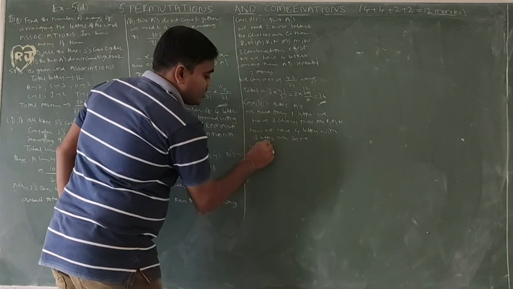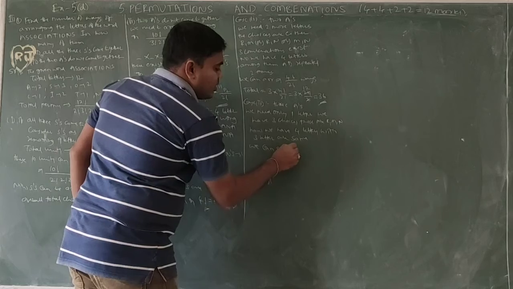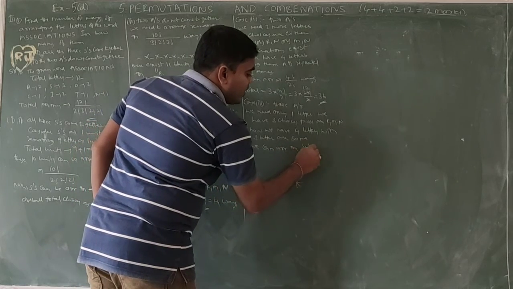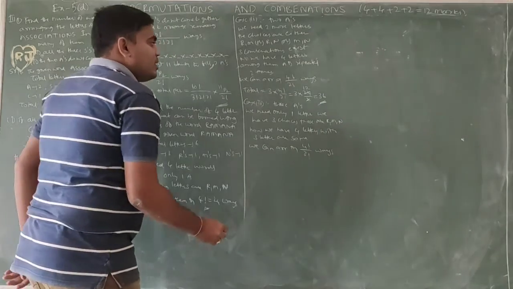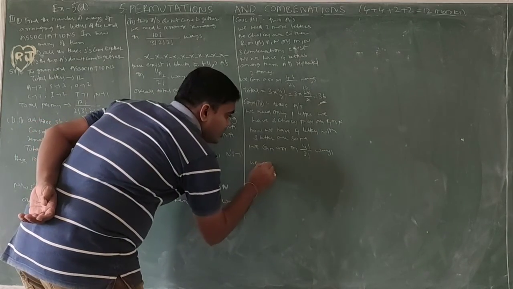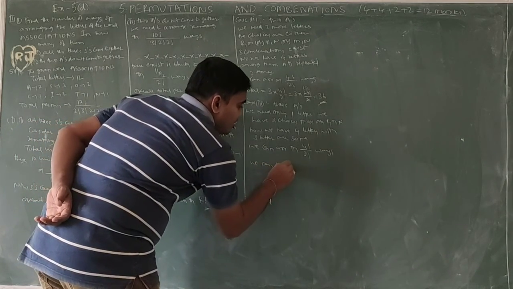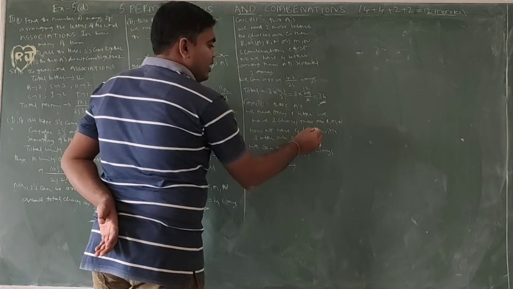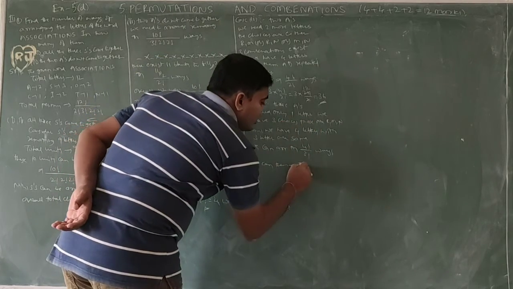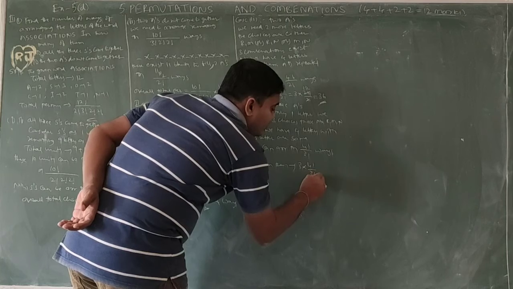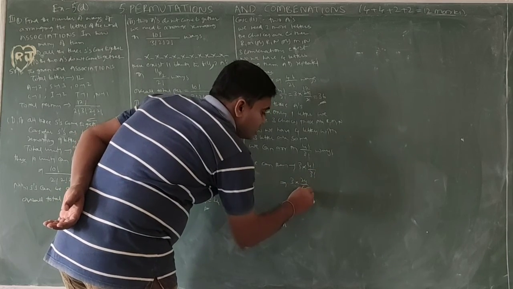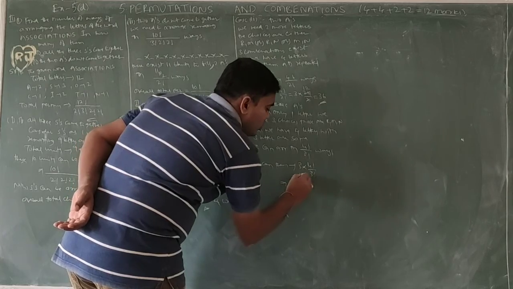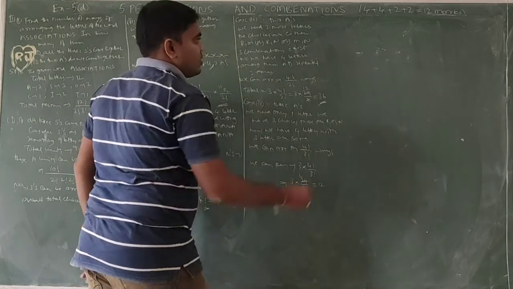We can arrange in 4 factorial by 3 factorial ways. So we have 3 choices into 4 factorial by 3 factorial, equal to 3 into 24 by 6, 3 into 4, 12.